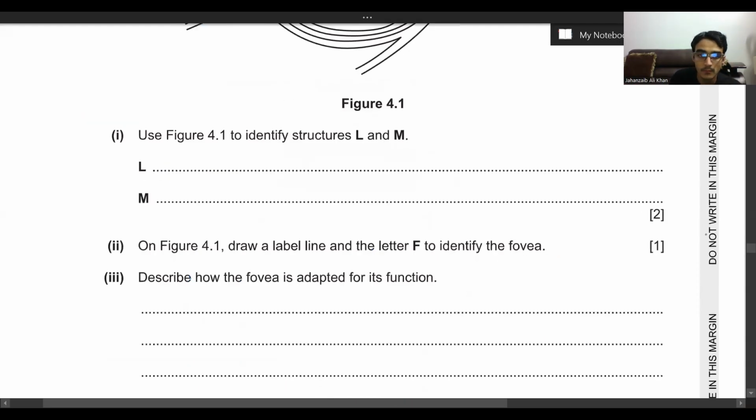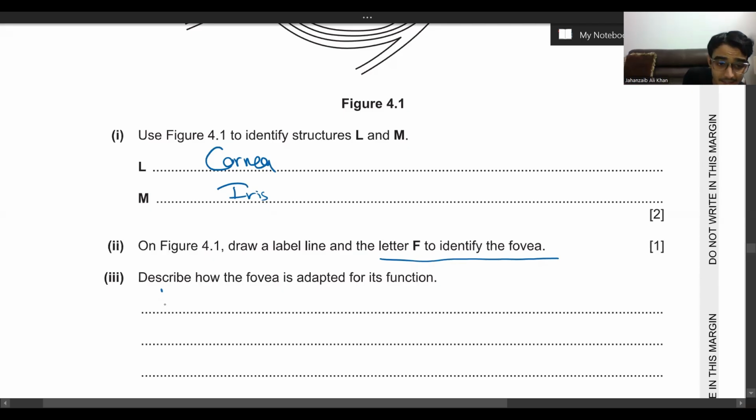We've done identifying the fovea. L is the cornea. M is the iris. How is the fovea adapted to its function?